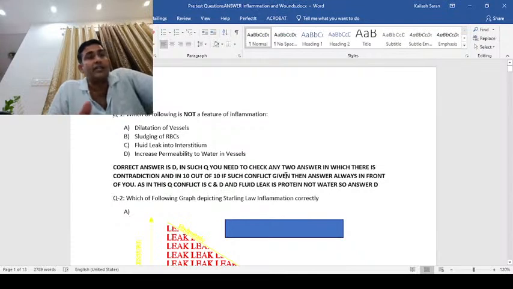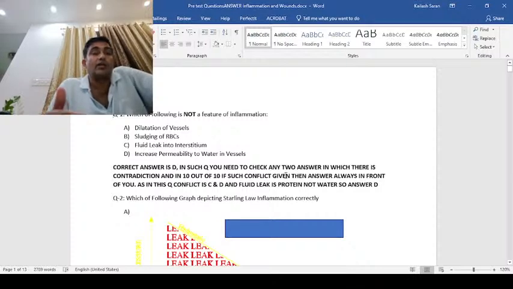Why? One is saying fluid leak, another is saying water permeability increase. In pathology, fluid is always considered. I am not saying water is not there, but in terms of pathological disease, we take exudate as a fluid, a proteinaceous liquid as a fluid, and that happens in inflammation.